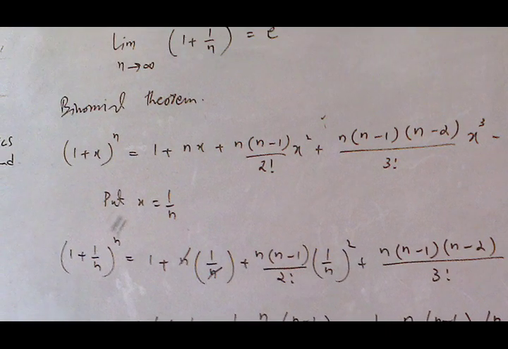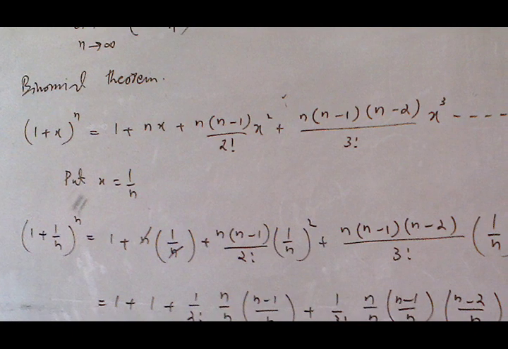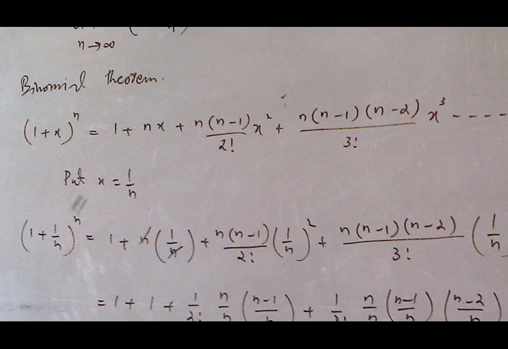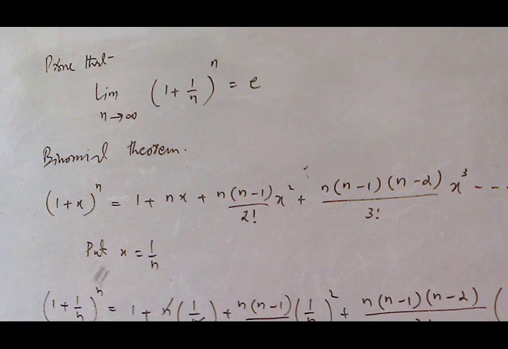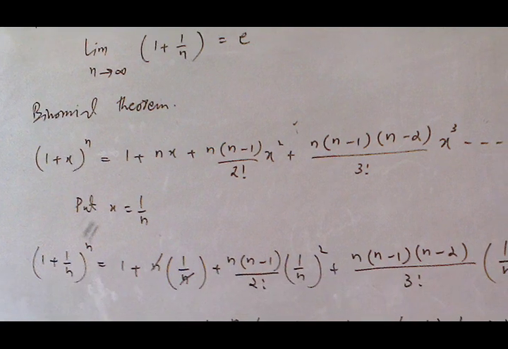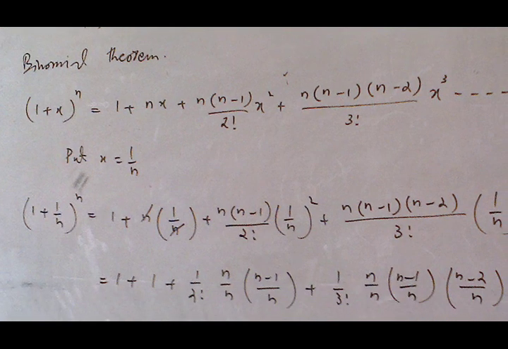We put x equal to 1/n. In all x we replace it by 1/n, because when we compare the formula (1 + x)^n with the proof, in place of x we have 1/n, so we put x equal to 1/n.